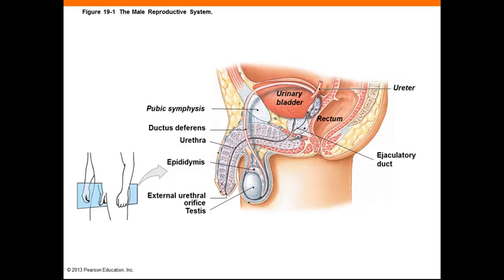Accessory organs include the seminal gland, the prostate, and the bulbo-urethral gland. The external genitalia of the male include the penis and the scrotum.